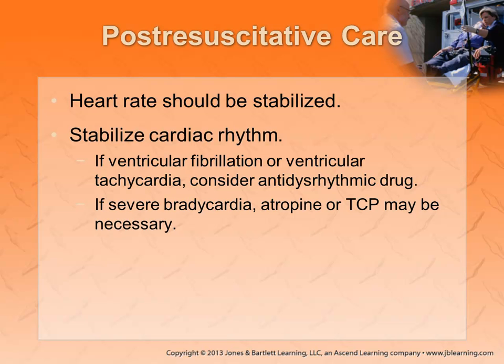You just move from whatever algorithm you're in, but you're going to stay in the post-resuscitative care algorithm the whole time, as long as they've got some sort of pulse back. If they go into a bradycardia, we're still going to take care of the bradycardia, but we're still going to follow the ROSC protocol as well. Does that make sense?